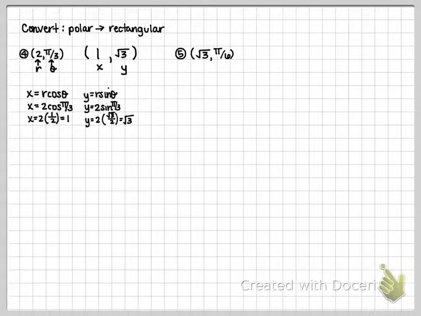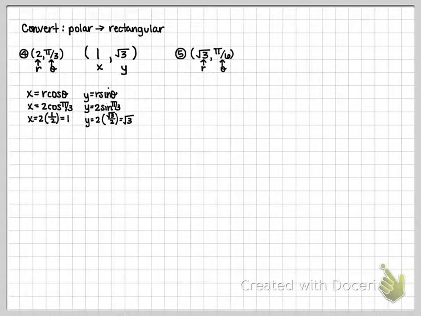Now, interesting note, with polar, there are an infinite amount of points that share the exact same location as 2 comma pi over 3. With rectangular, there is exactly 1 point that shares the location, 1 comma root 3. There's nobody else there. So I'm still dealing with polar to rectangular. So I just do the exact same thing that I did a minute ago.